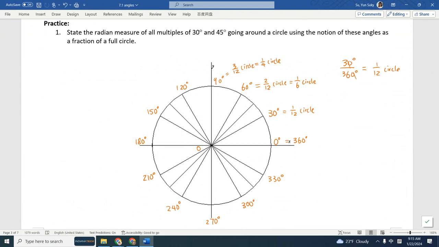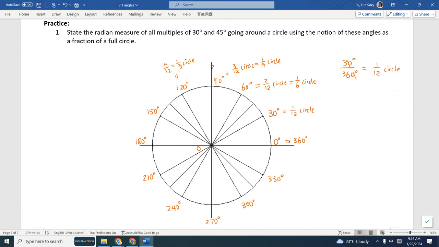Yes, everybody? Okay, how about you guys take turns to answer my question so everybody gets a chance? So 120 degree is how much of a circle? 1/3. So we increase the 3 by 1, so 4/12, which is 1/3 of a circle.